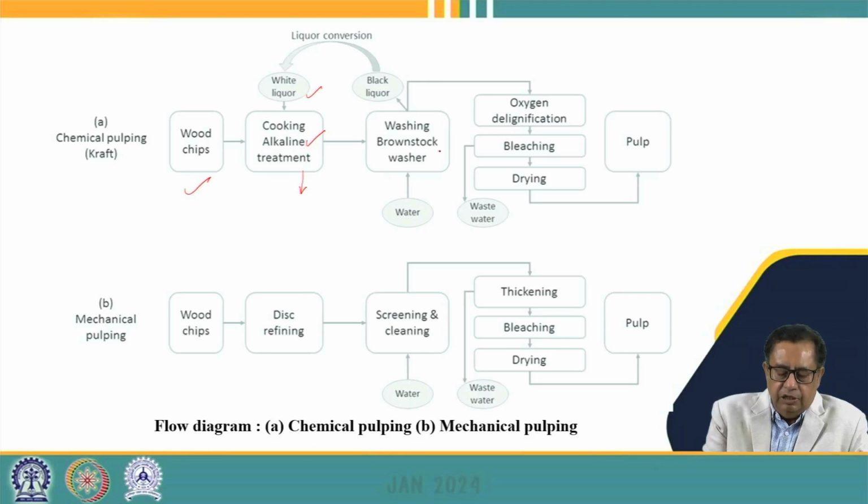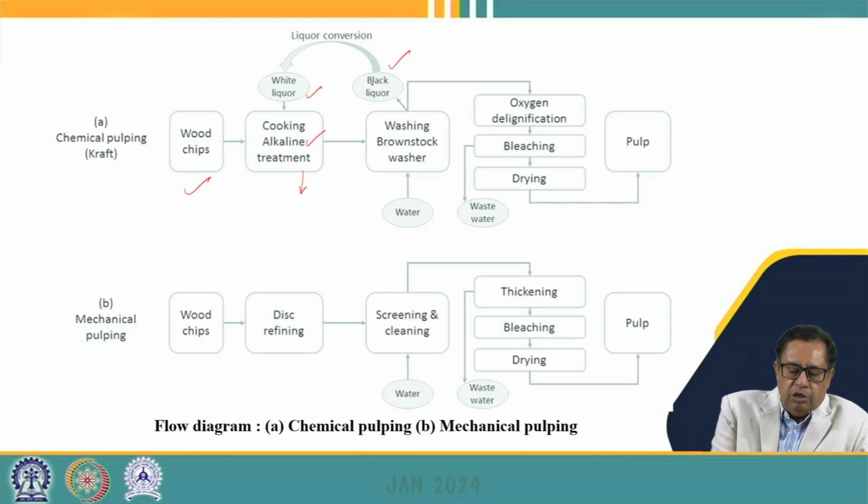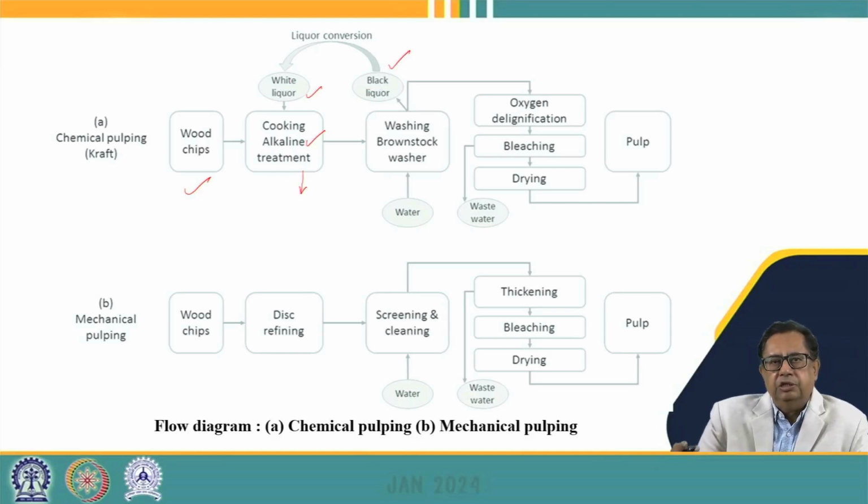Then whatever wastewater is generated after this, these materials are washed, and this results in the generation of the wastewater known as the black liquor, and this black liquor may again be converted to white liquor. We'll be discussing this; it can be recycled and reused in the digestion process.